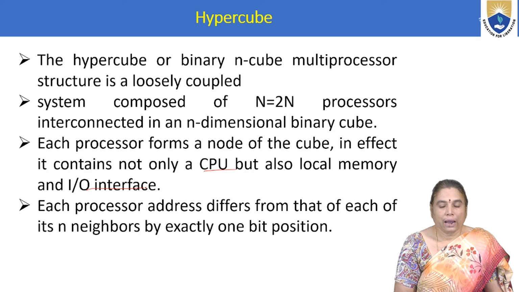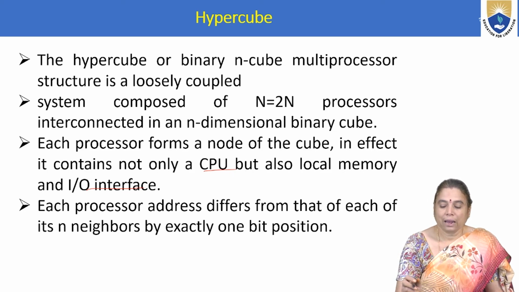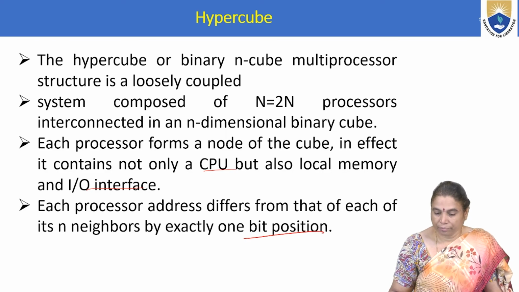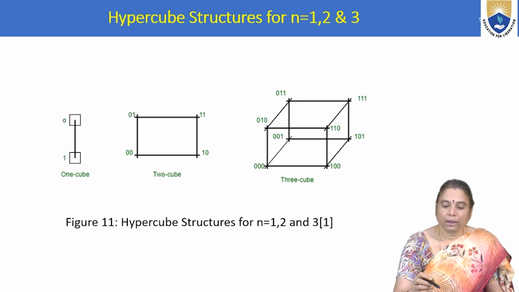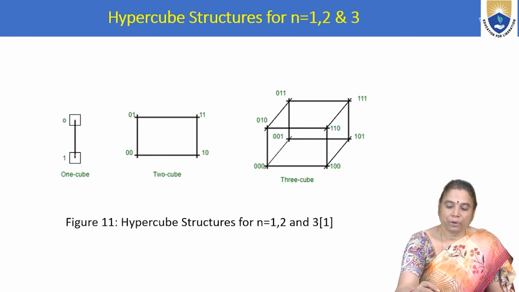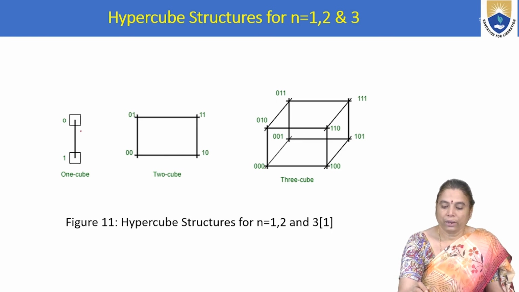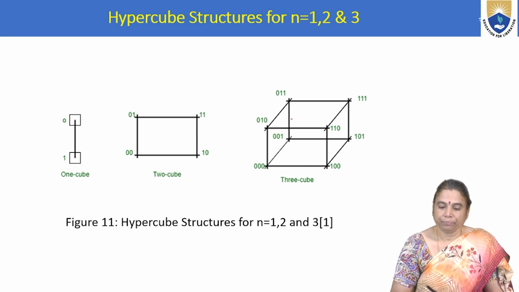Each processor address differs from that of its neighbors by exactly 1 bit position. So if there is 1 processor, it is 1 cube. If there are 2 cubes, this is the structure. And if there are 3 processors, this is the cubic structure with the binary arbitration bits.